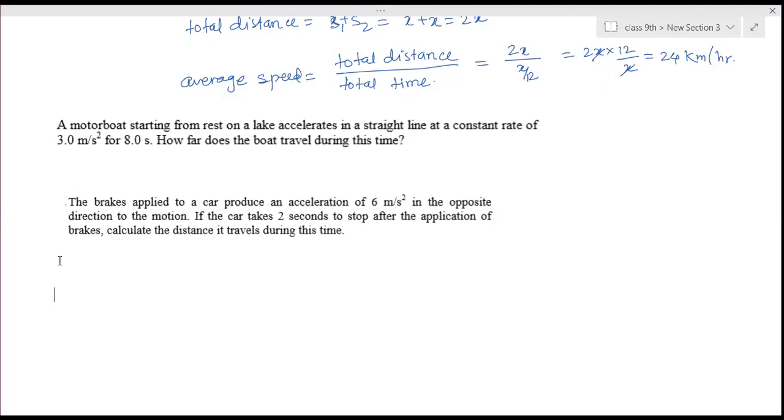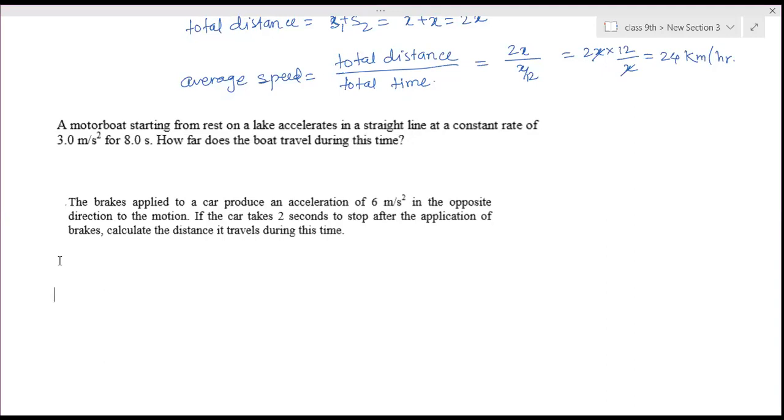Arinjay, have you solved? Yes, ma'am. What's the answer? Ma'am, I'm getting it wrong. I'm going to try it again. Ma'am, I saw they got minus 144 meter.